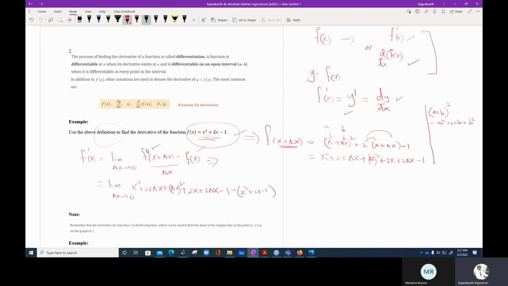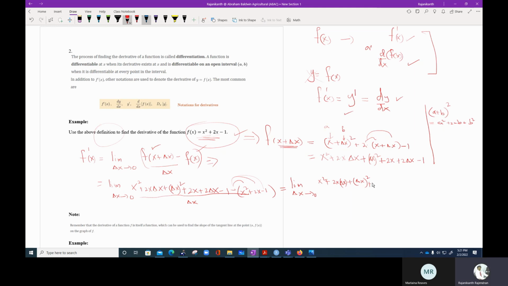This is just the numerator. This piece is all over the denominator, delta x. Now your task is to simplify the numerator. So you need to distribute the negative sign inside here. You will get x squared plus 2x delta x plus delta x whole thing squared.